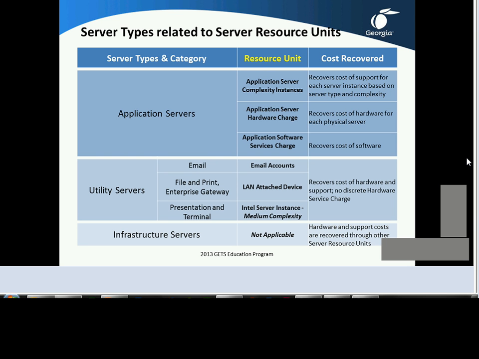And it's in those resource units that the cost for utility servers is recovered, like email, file and print, presentation terminal servers, which is something like Citrix. And then finally, you won't see a resource unit for infrastructure servers because their cost is indirect and spread out through the other resource units.